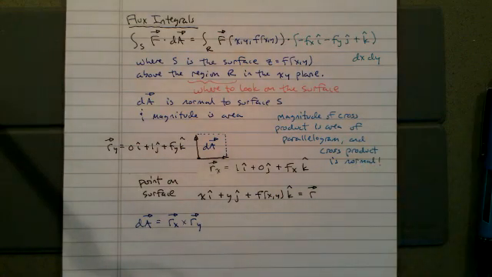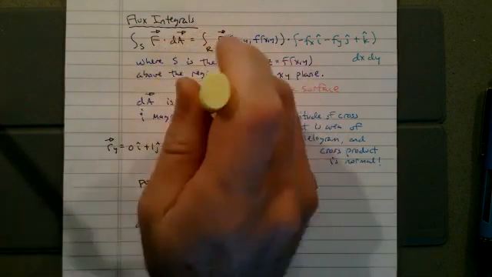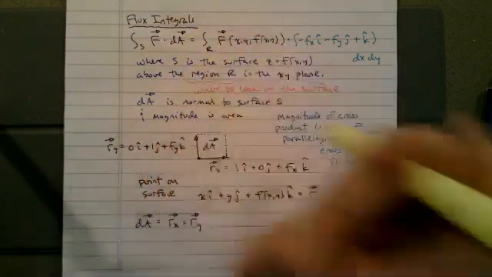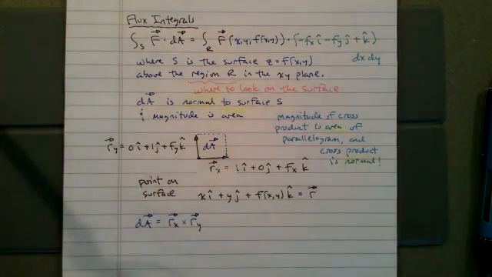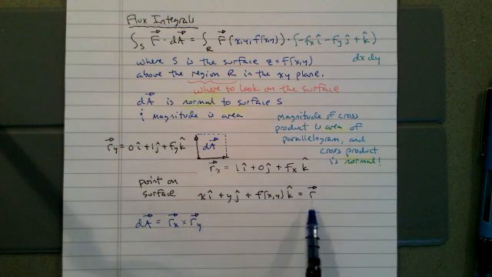Those are the things that we're going for. Normal, and magnitude is area. Cross product is area, cross product is normal. dA is a parallelogram. So we just make the tangent plane. Here's a point on the surface. We make a tangent plane at that point, and then find the cross product of the Rx and the Ry. Any questions?